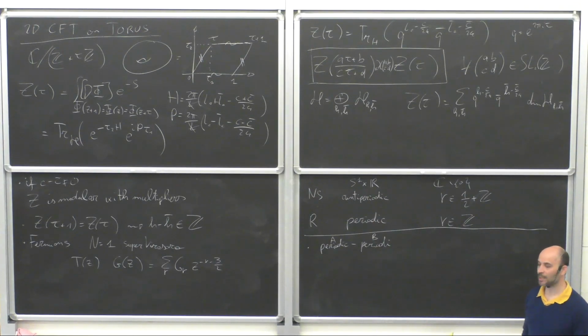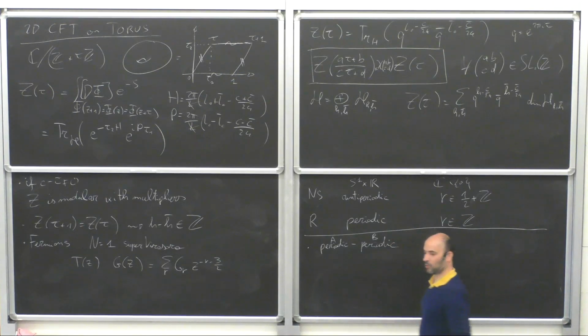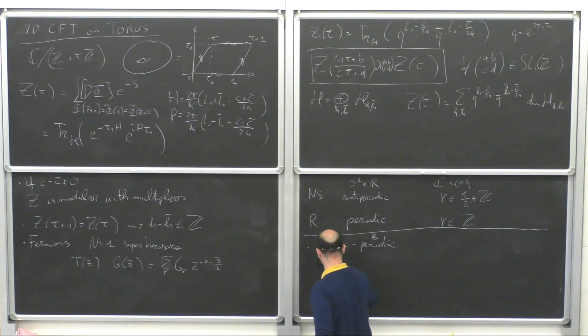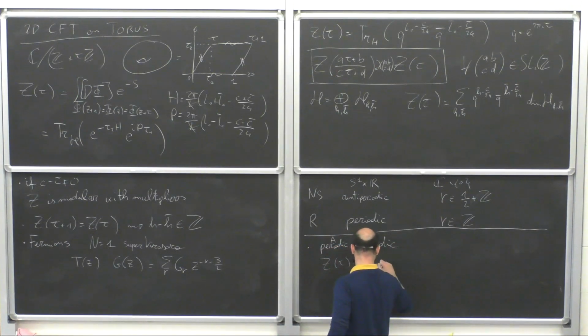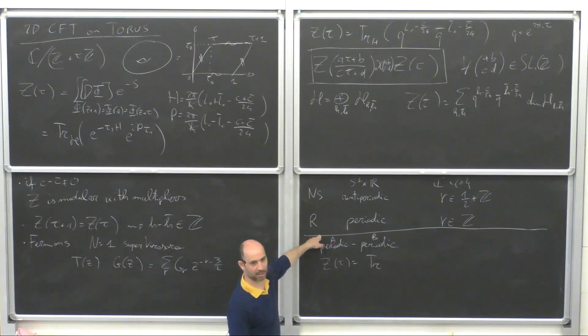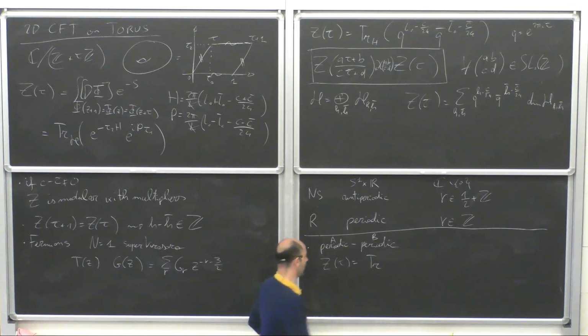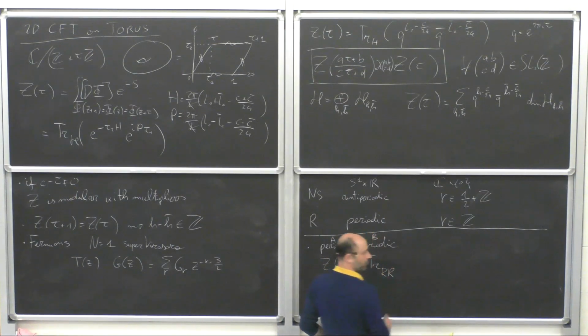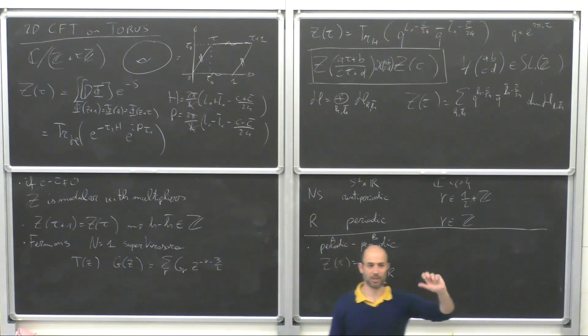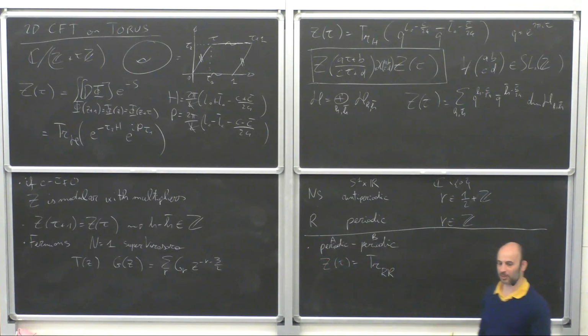But what does it mean to have periodic boundary conditions? Well, on the space circle, that means that you are in the Ramond sector. Actually, I should say Ramond-Ramond because I'm putting periodic boundary conditions both for holomorphic and anti-holomorphic fermions.